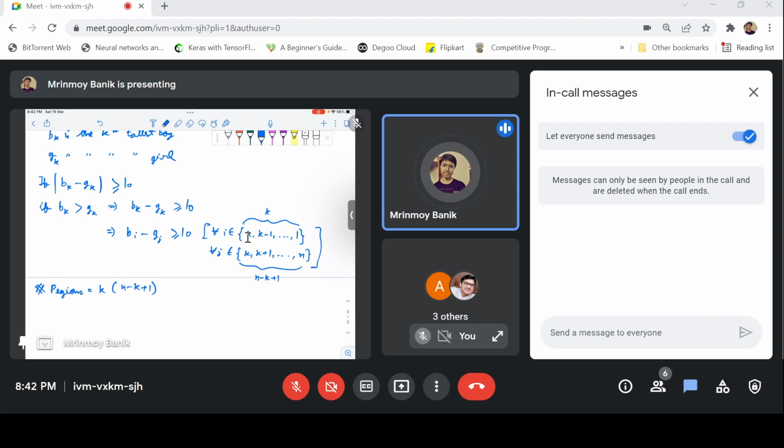Or I can say all the boys B1, B2 up till BK are taller by at least 10 than the girls GK up till GN. So this difference is greater than or equal to 10.